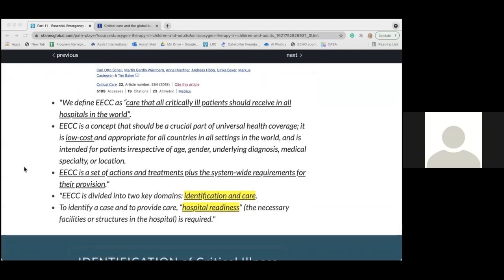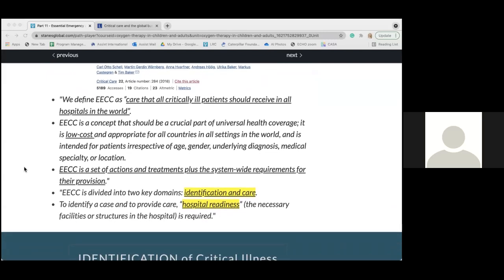So literally, we define EECC as care that all critically ill patients should receive, irrespective of the environment. We have limited or low resource environments, and we have those other environments which have access to all the equipment.